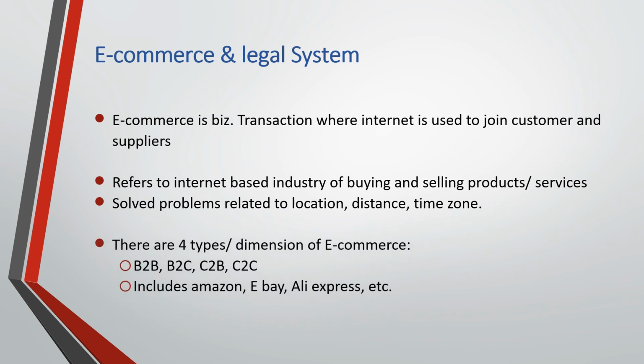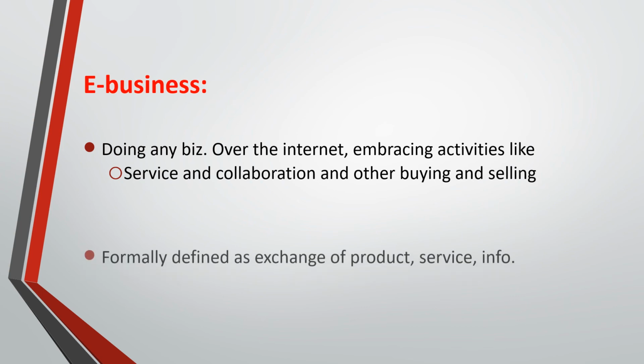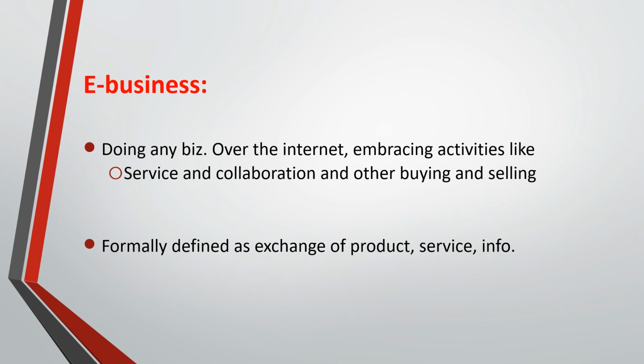There are 4 types or dimensions of e-commerce: B2B, B2C, C2B, and C2C, which include Amazon, eBay, AliExpress, etc. Now, e-business means doing business over the internet, embracing activities like selling, service and collaboration, and other buying and selling activities. Formally it is defined as the exchange of product, service, and information.